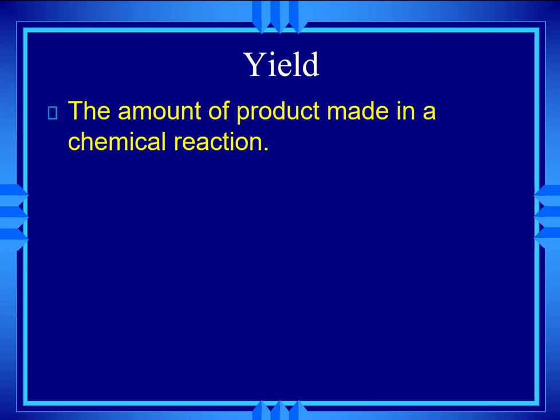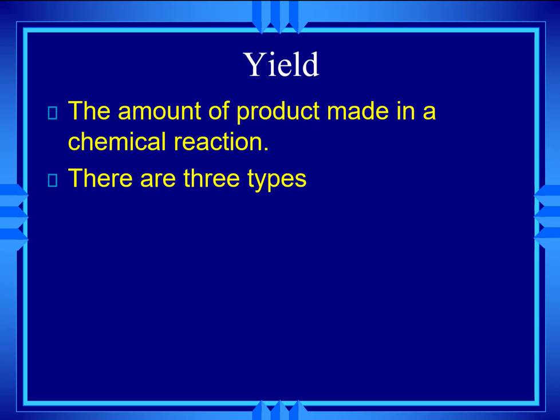And there are 3 ways we talk about product. Scientists talk about product in 3 ways. So there are 3 kinds of yield. Remember, one of the interpretations of the arrow was yield? This and this yield, that and that. Yield is like make.